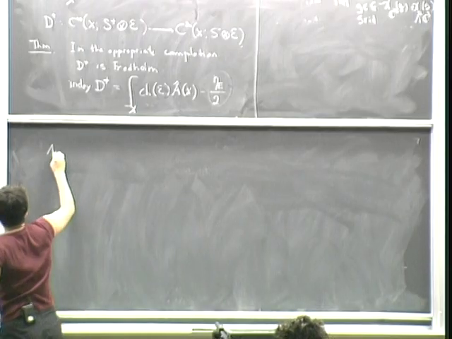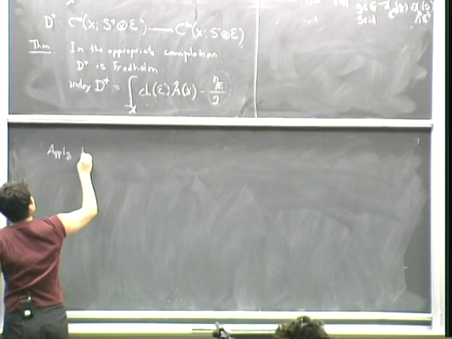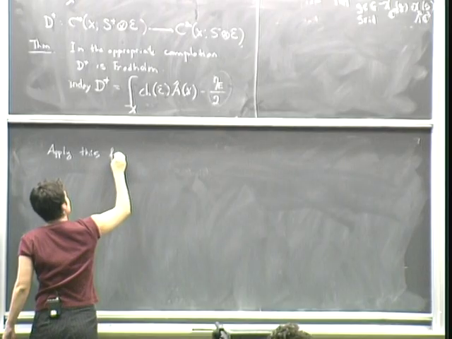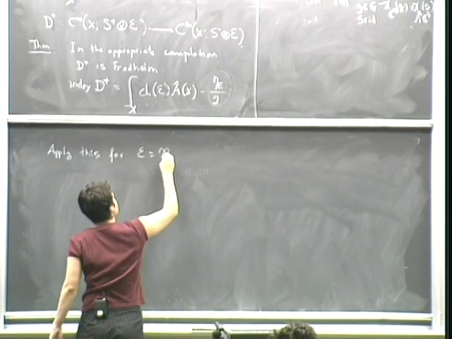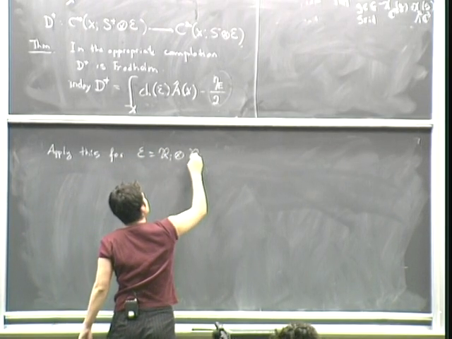So apply this for E equals Ri tensor Rj.